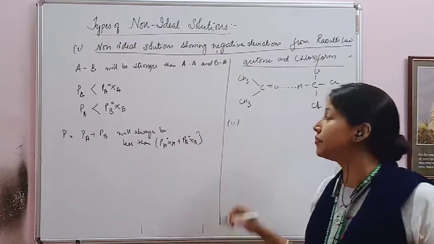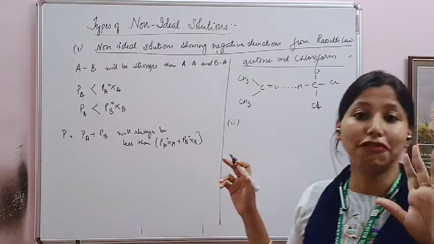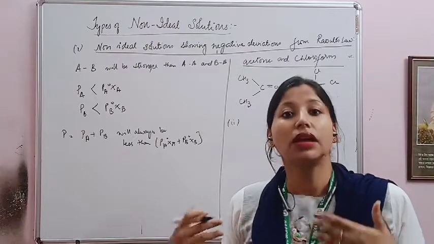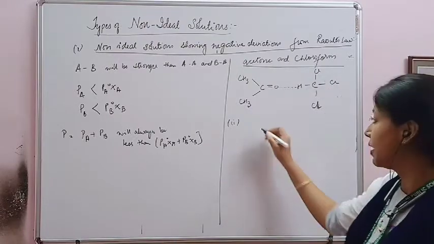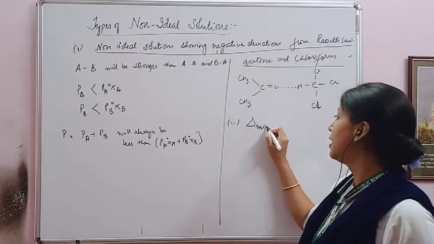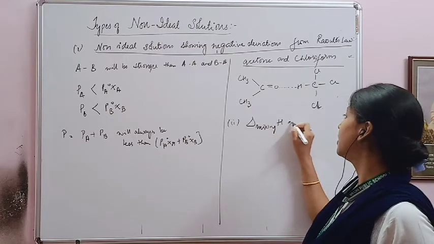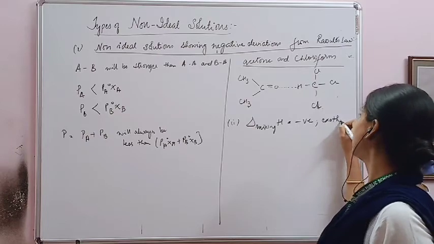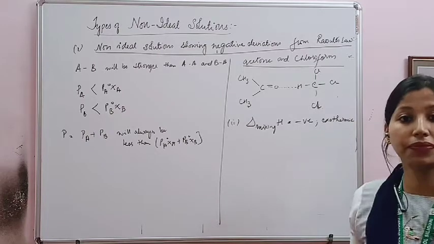Second criteria. Now when bonds are formed due to new interactive forces, energy is released. That means my enthalpy of mixing will be negative. That means my process is exothermic.